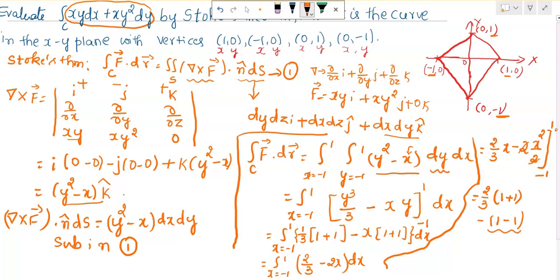So this value is 0. So now 2 into 1 plus 1 is 2. So we are getting 2 twos are 4 divided by 3. So the given integral using Stokes theorem is 4 by 3.